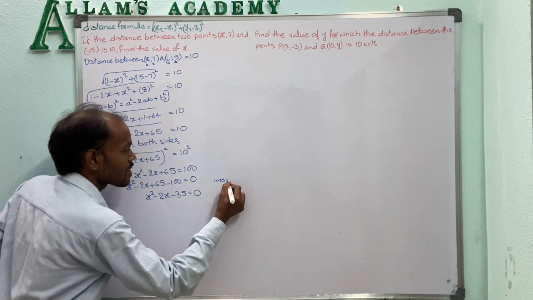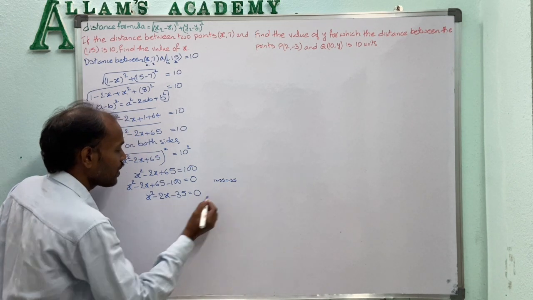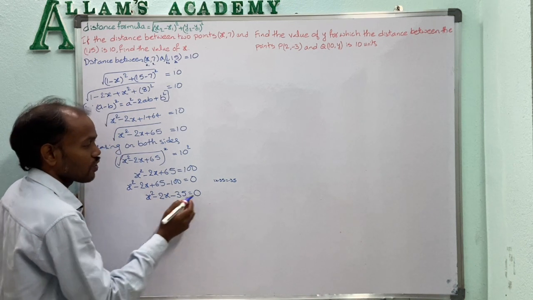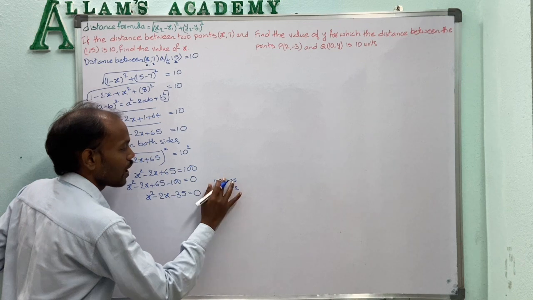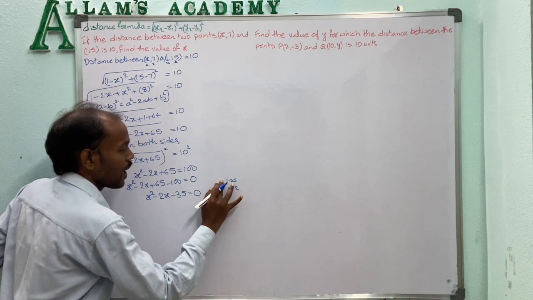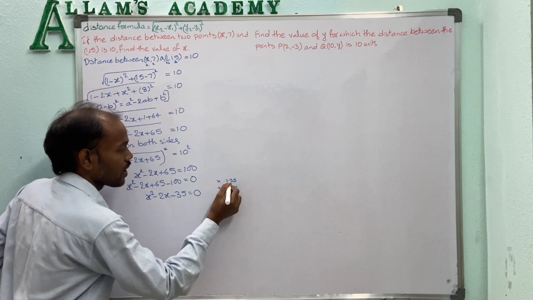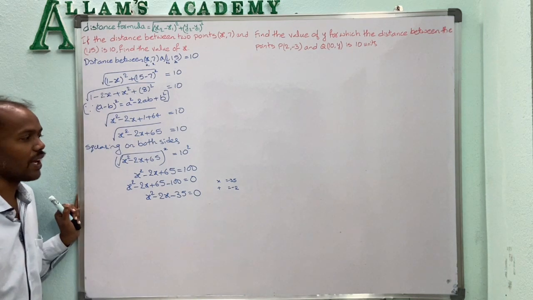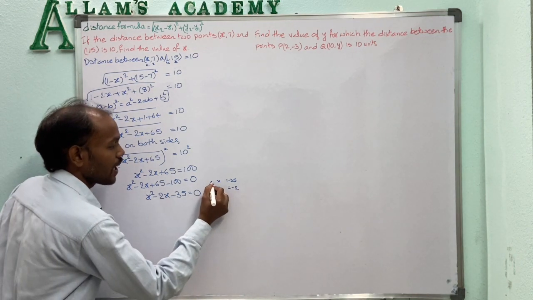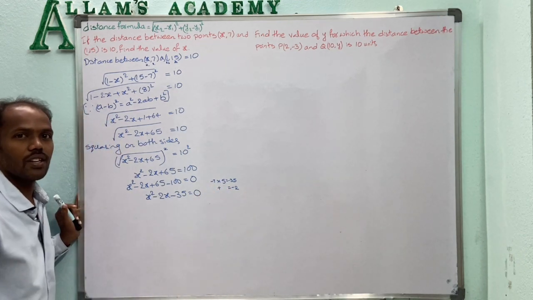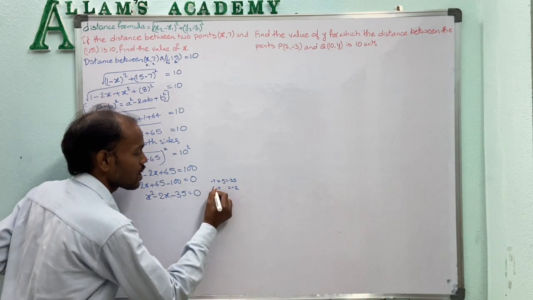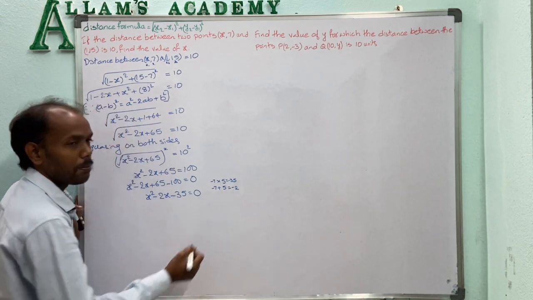So 1 into minus 35 is equal to minus 35, and the x coefficient is minus 2. So we need two numbers whose sum is minus 2 and product is minus 35. That means if we take minus 7 and 5, minus 7 into 5 is equal to minus 35, and minus 7 plus 5 is equal to minus 2.